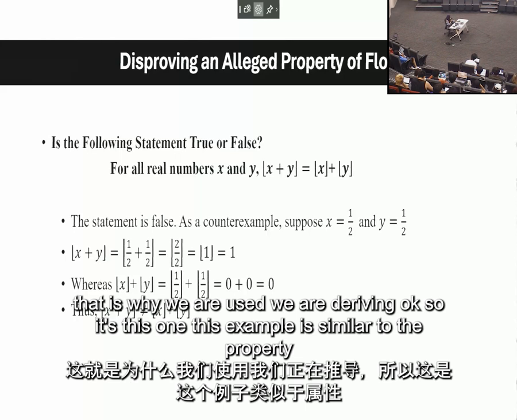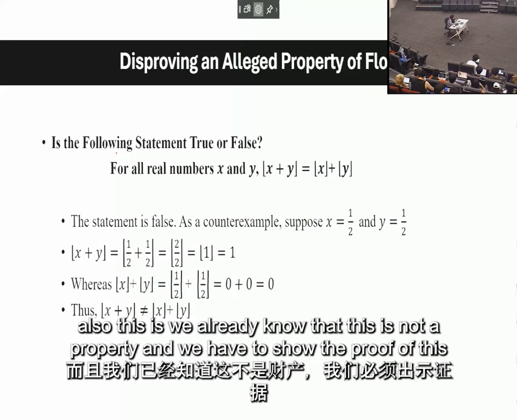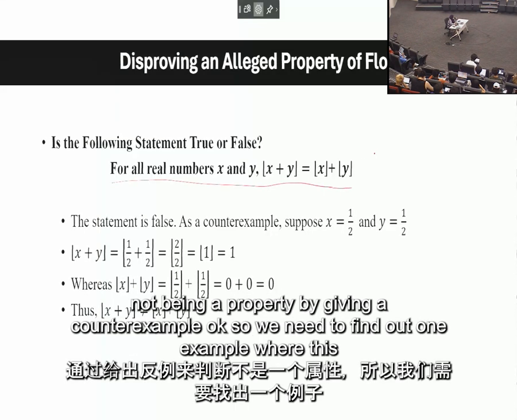This example is similar to the property for divisibility that we proved, where we multiplied with a, etc. We already know that this is not a property, and we have to show that it is not one by giving a counter example.